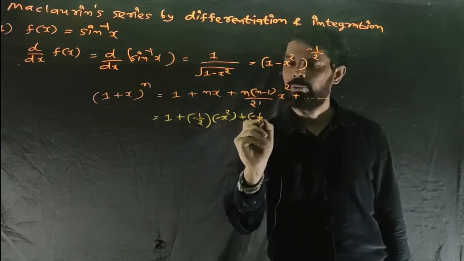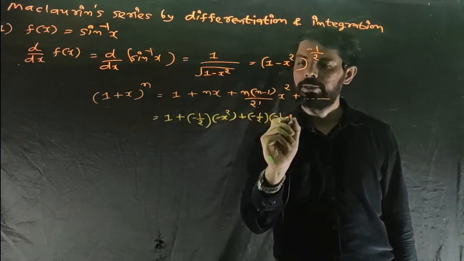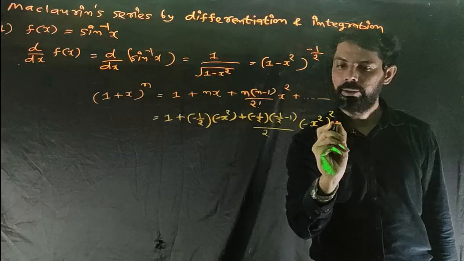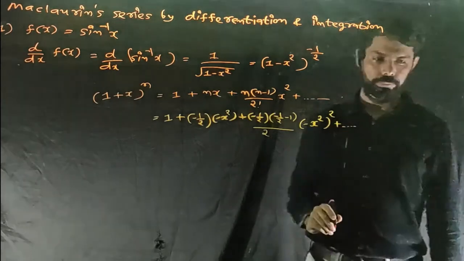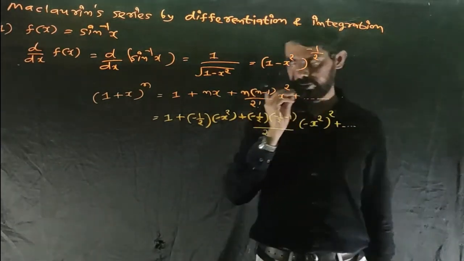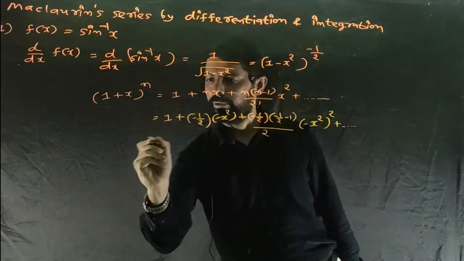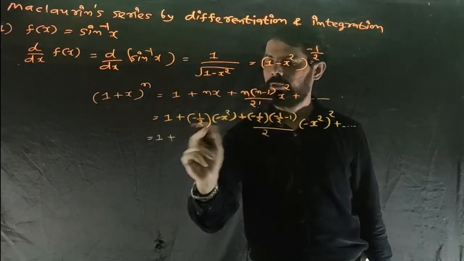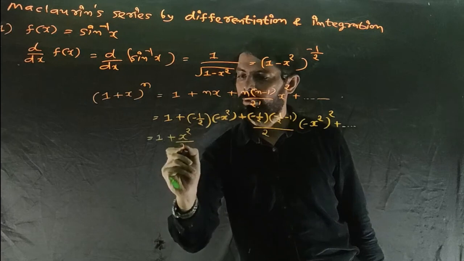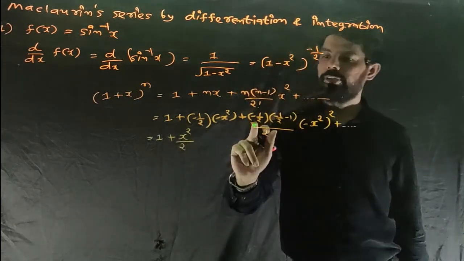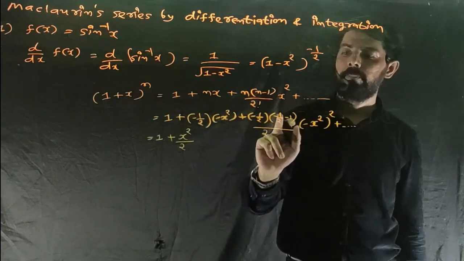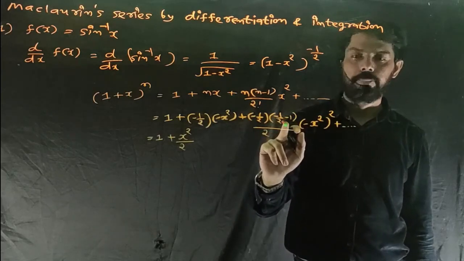plus minus 1 by 2 into minus 1 by 2 minus 1 divided by 2 factorial, and the value of 2 factorial is 2. Then instead of x we write minus x square whole square plus so on. If we simplify this, it will be 1 plus, minus into minus is plus, so x square by 2 plus, here it is minus 1 by 2 and minus 1 by 2 minus 1, so if we take the LCM it will be minus 1 and minus 2, so minus 3 by 2.